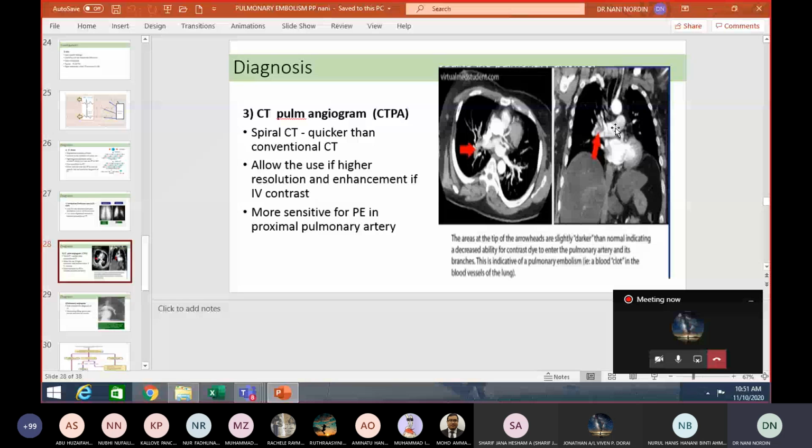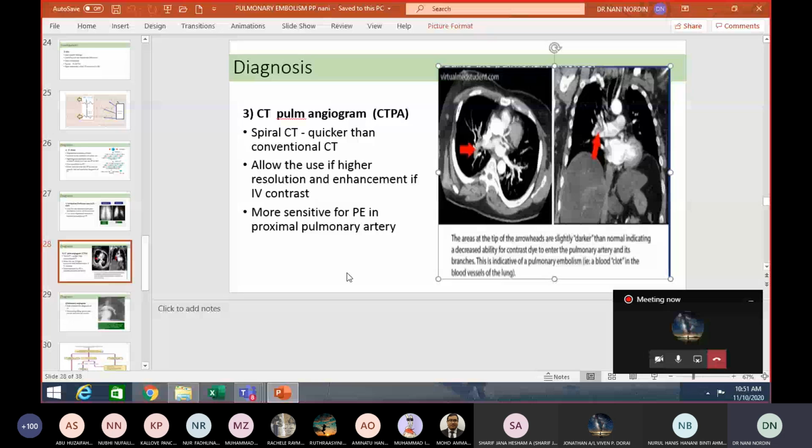So you can see the area which is more opaque here, which is less bright. So that is actually where the embolism is. So you can see it clearly from this area here with the CT pulmonary embolism.